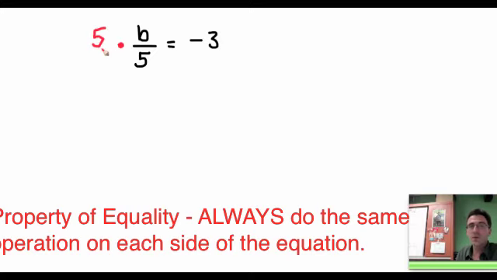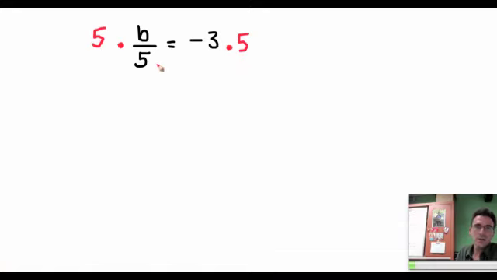And the property of equality says what we do on the left, we also do on the right. So we get those 5's cancel out, leaving the variable by itself, and negative 3 times 5, I guess that looks like a decimal, but it's a times sign. The negative 3 times 5 is negative 15.